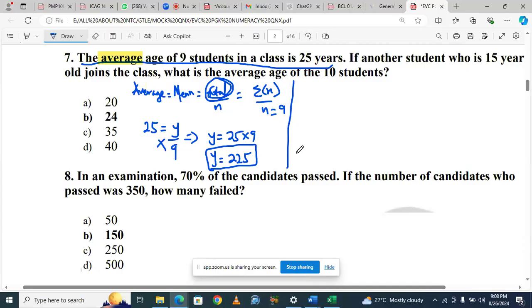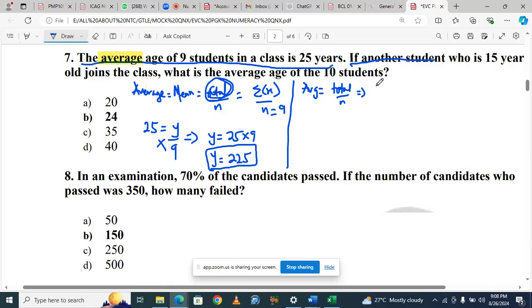If another student who is 15 years old joins the class, what is the average age of the 10 students? Now, let's only see this part. If another student joins, now the average is equal to the total over n.